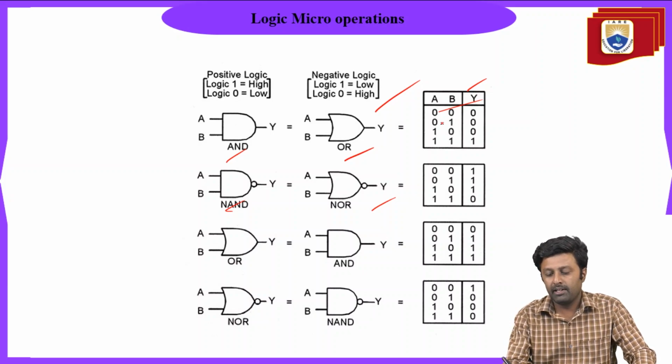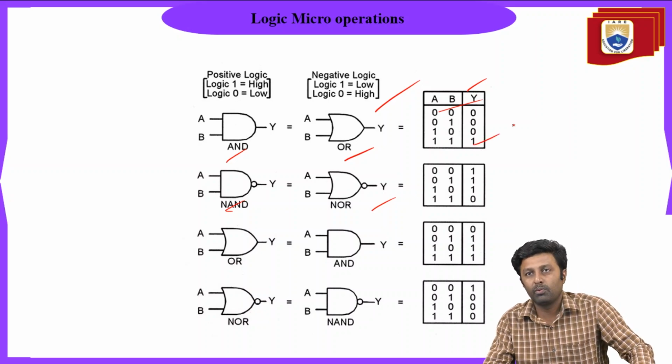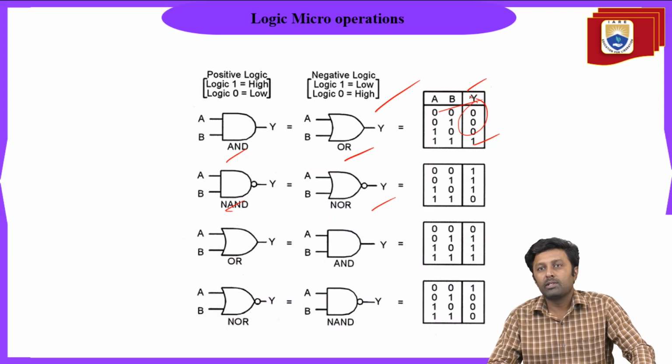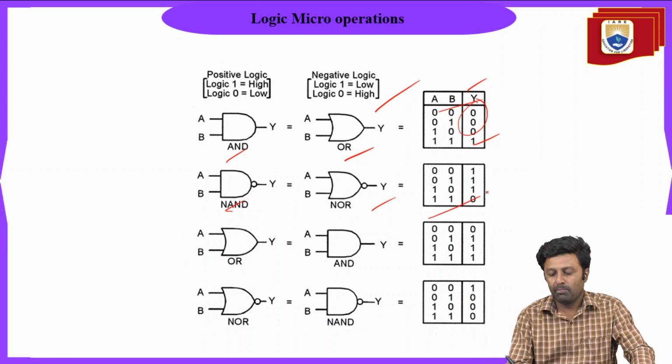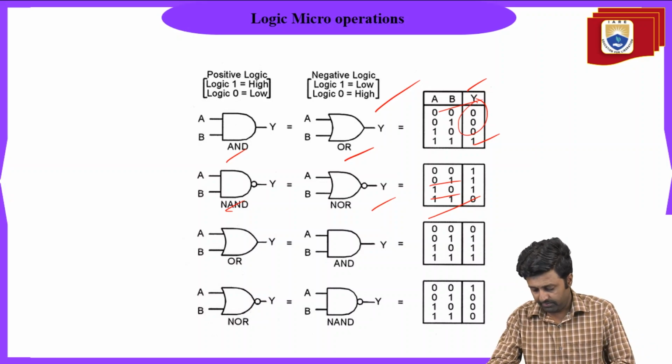In the AND operation, if both inputs are 1, the output will be 1. In all other cases, the output will be 0. Similarly, in the OR operation, the addition operation is performed, as you can see here. So these are the basic tables of AND, OR, NAND, and NOR.